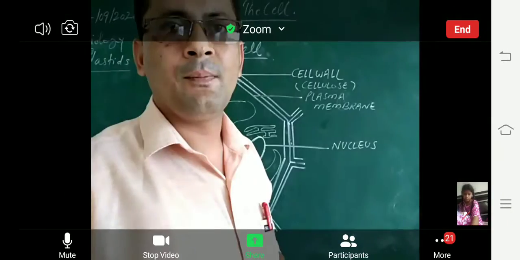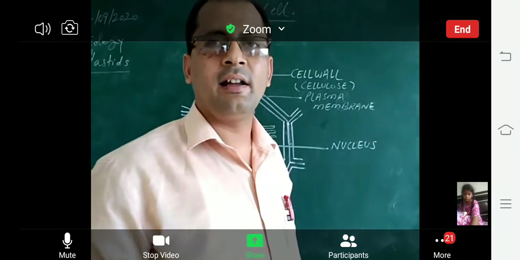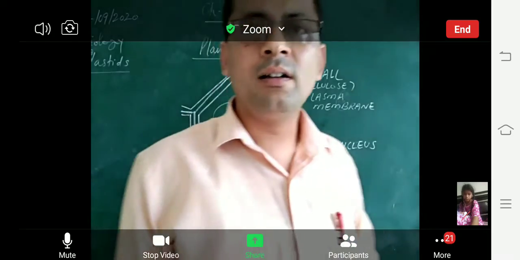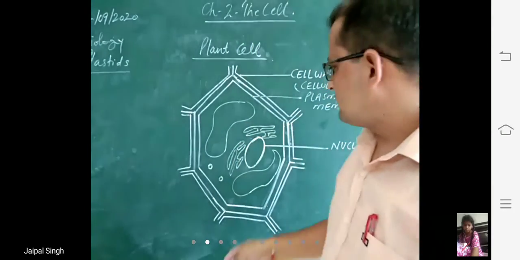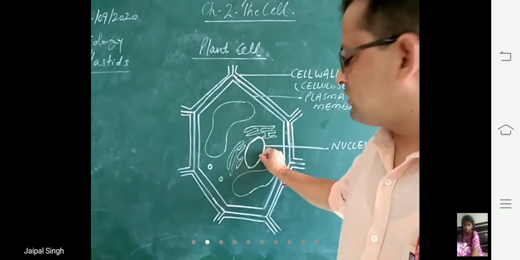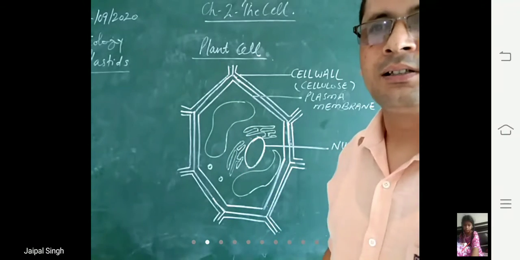In a plant cell, the nucleus lies at the periphery, not at the center. In an animal cell, the nucleus lies at the center. This nucleus is the most important part of the cell, because it controls all the activities performed by the cell.